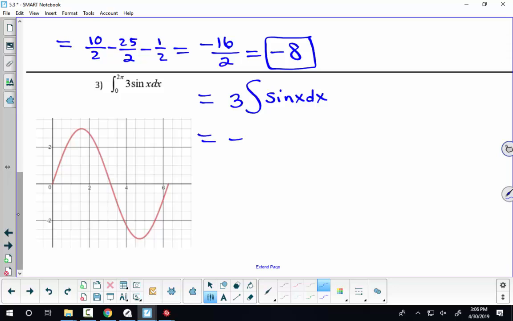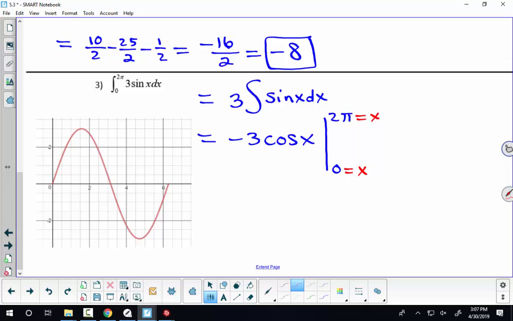The antiderivative of sine is negative cosine. So keep in mind that the bounds here, in terms of the variable dx, are in terms of the variable x. So this is from x equals 0 to x equals 2 pi.